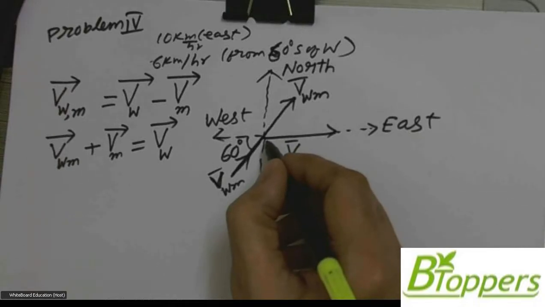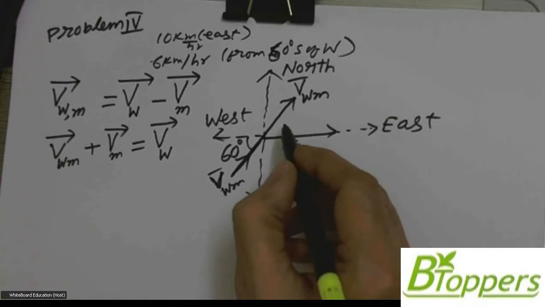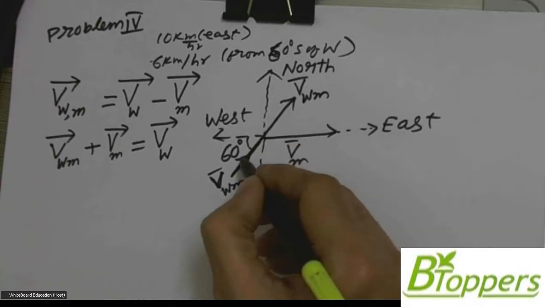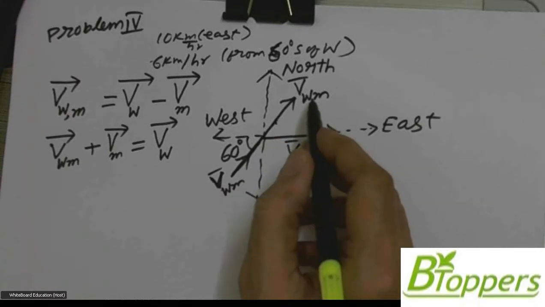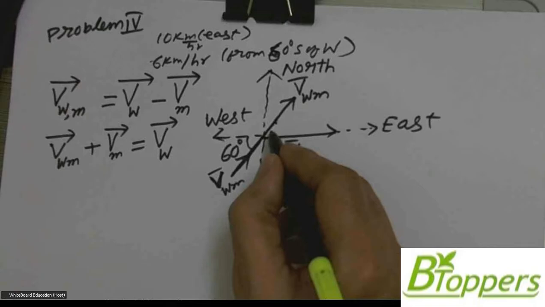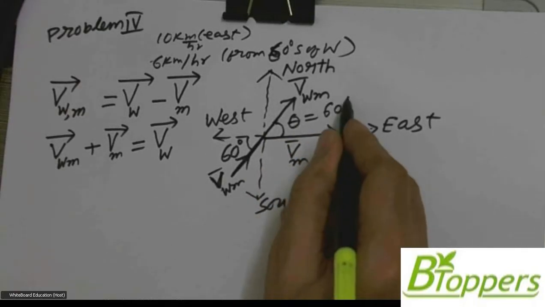Graphically, you can draw a vector at different places in the diagram without changing the magnitude and direction. So these two vectors represent the same vector, that is V bar Wm, the relative velocity of the wind with respect to the man. So the angle theta between these two vectors is 60 degrees.